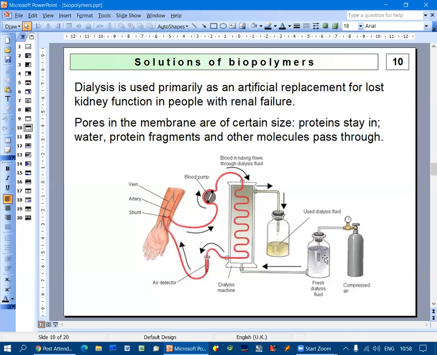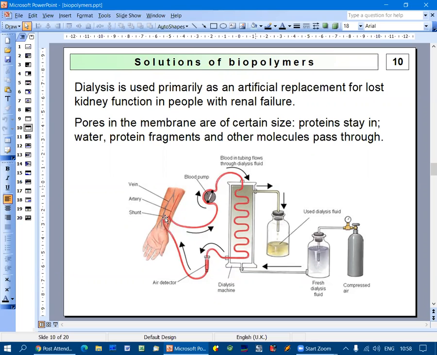And it is used to remove excess water, solutes, low molecular weight particles and toxins from blood. So it is called hemodialysis, and this is the scheme of artificial kidney.